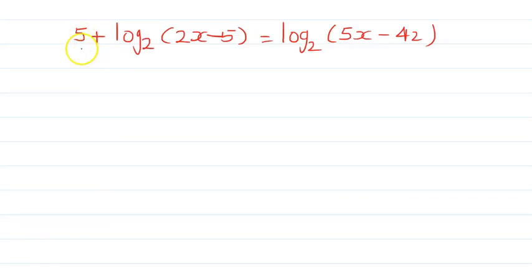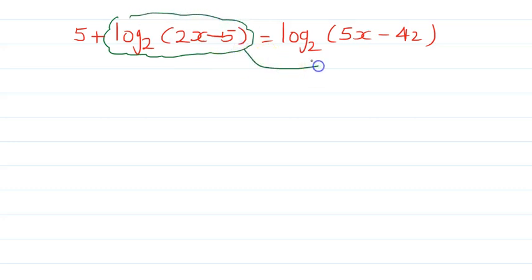Our next question is 5 plus log base 2 of (2x minus 5) equal to log base 2 of (5x minus 42). What we can do is shift this term, log base 2 of (2x minus 5), to the right hand side of the equal sign.